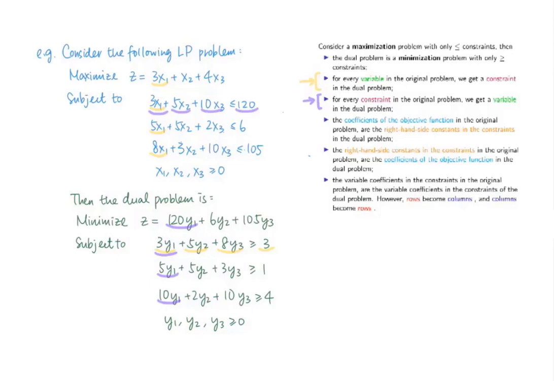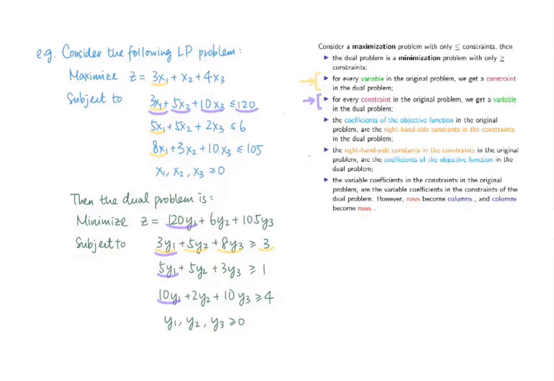Next, for point 3, for every constraint in the original problem, we get a variable in the dual problem. In our situation, the first constraint is 3x1 plus 5x2 plus 10x3 less than or equal to 120. This gives us information to construct the terms involving the first variable in the dual problem.